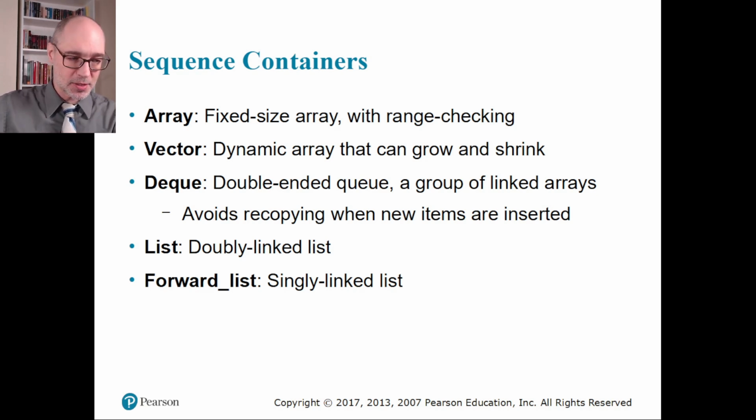You have to copy all that stuff, which is a big O of N operation. But with the deque, if you have to insert stuff, they can just make a new array and just link the pointers to it, front and back. So that could possibly be a big O of 1 operation, much more efficient than the main problem with an array or a vector when you need to insert stuff at the beginning or the middle. So the deque makes that better.